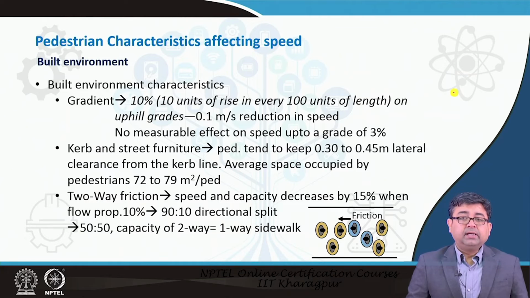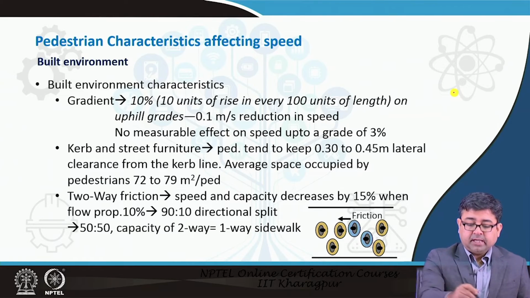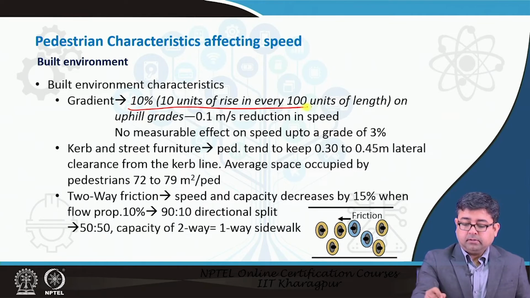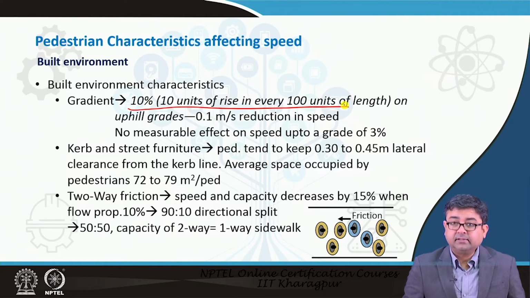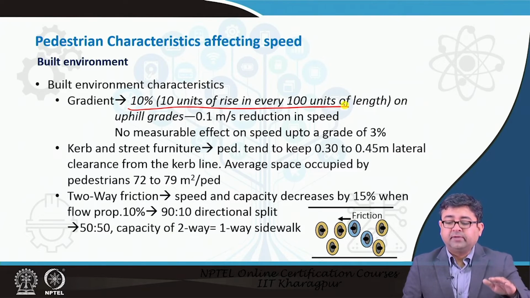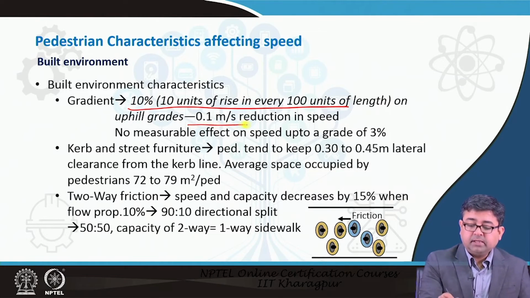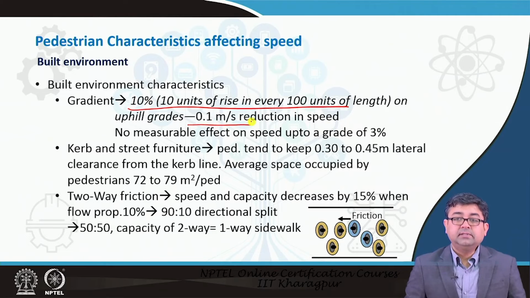Now, when it comes to the built environment and its effect on speed, it has been seen that when there are 10 units of rise in every 100 units of length on uphill grades, there is a 0.1 meter per second reduction in speed.